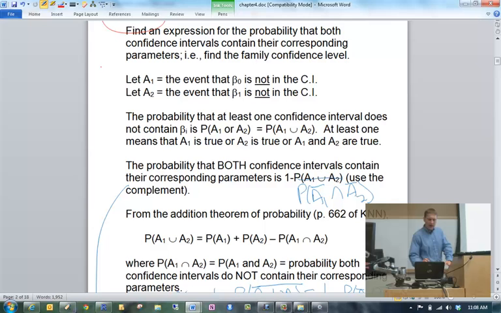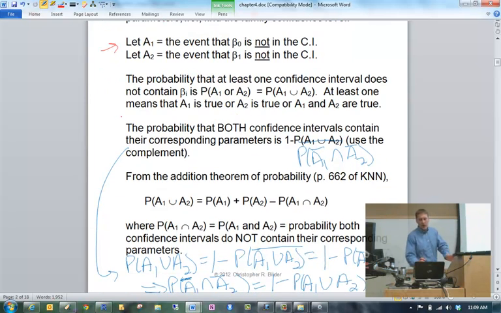So to help motivate where this Bonferroni procedure comes from, let's say I have some kind of event. Let's call it A1, and it's the event that beta 0 is not in its confidence interval. Let A2 be the event that beta 1 is not in its corresponding interval. Then the probability that at least one confidence interval does not contain the corresponding beta is simply the probability of A1 union A2, where I use that little u to mean union.